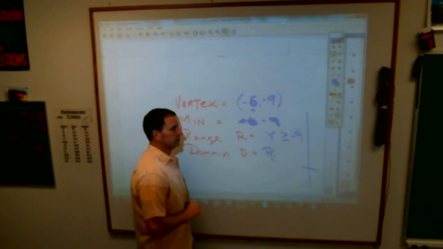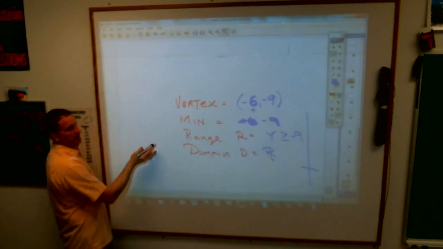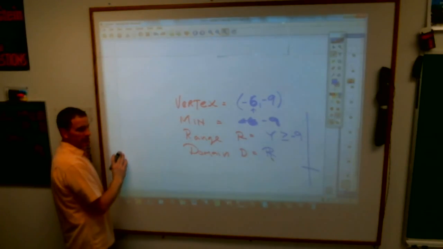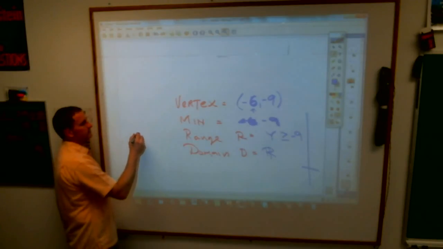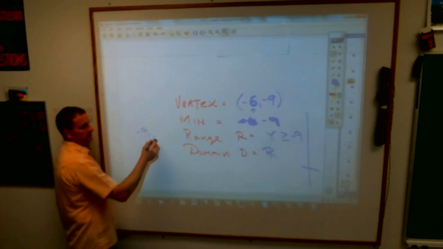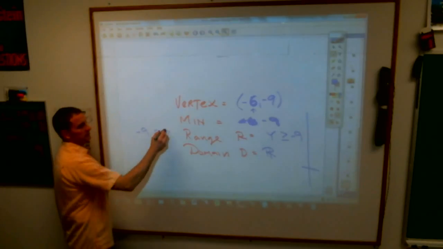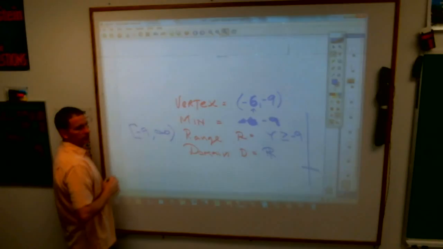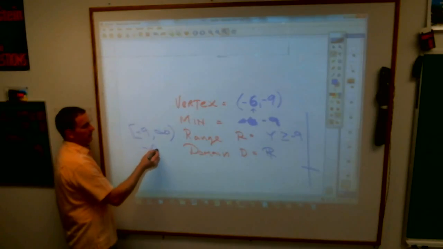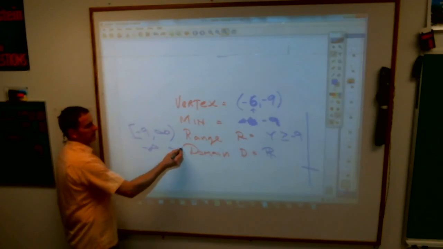Domain is all real numbers. If you're doing this in interval notation, then the range would be, what's the lowest it gets? What's the highest it gets? Positive infinity. The domain goes from negative infinity to positive infinity.